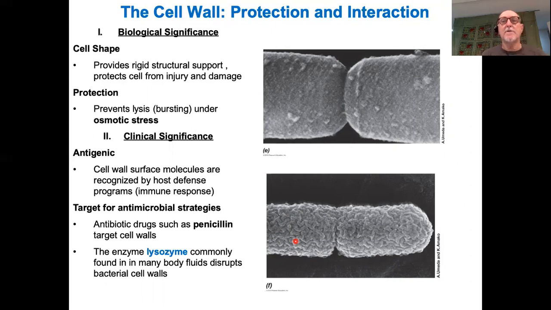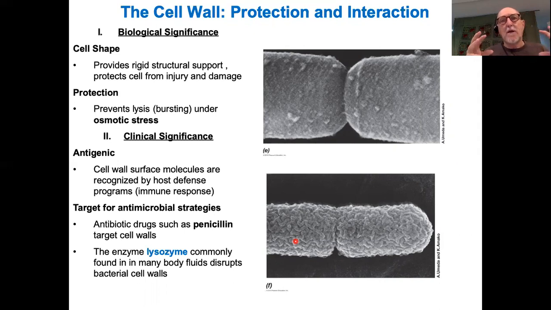First of all, I should explain to you that it forms, as I told you before, like a mesh. And the mesh is very open. The mesh has no control over substances passing back and forth. It's just like a net that all the solutes can pass across quite easily. So that's not its responsibility.